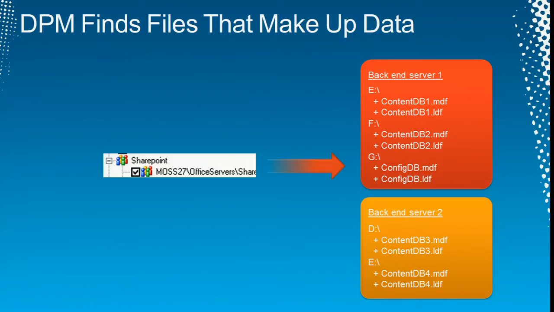Now, remember that I said that if you go for a SQL instance and you select the entire instance, that it automatically will add the new databases? Well, the same thing can happen with SharePoint. There are new content databases. DPM is smart enough to actually find the new databases after it does a synchronization or a backup.